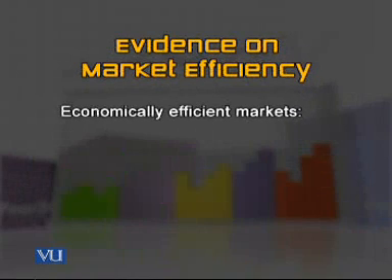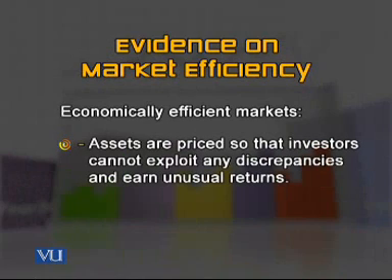So in an economically efficient market, what is there? Assets are priced so that investors cannot exploit any discrepancy. In an economically efficient market, the assets are priced such that individuals or investors cannot exploit any discrepancies and earn unusual returns.